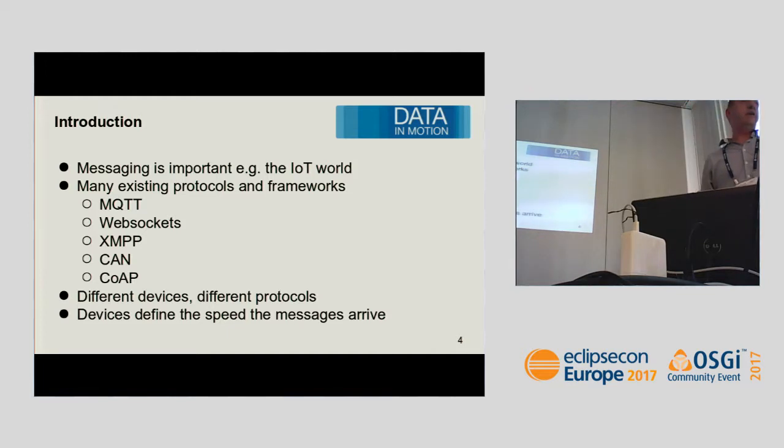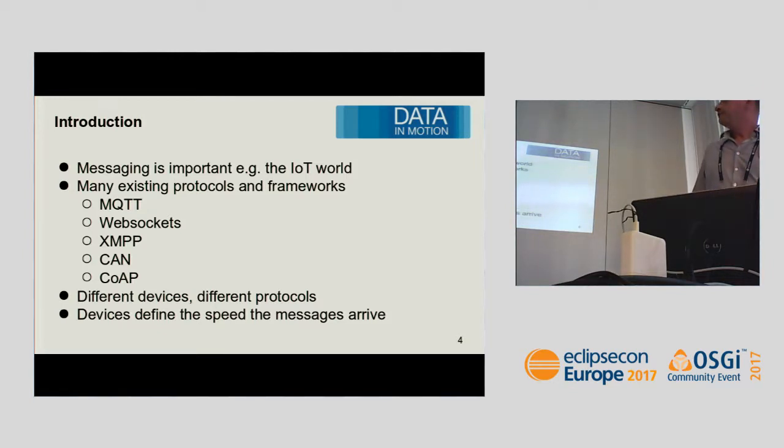Especially in the IoT world, every company that provides a sensor or something like that tries to use its own protocol, whatever fits best for their product. So we as a company are facing the problem that we have many, many sensors we have to bring together in one application, in one backend system, for instance.